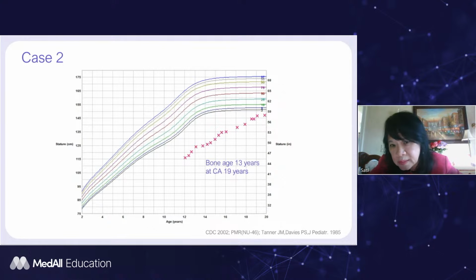But then it plateaued again around age 16, and that's because of her second recurrence. And she continued to have increased growth even well into 18, 19 years old, because of her delayed bone age. As long as the bone age shows growth plates that are still open, they can continue to grow.